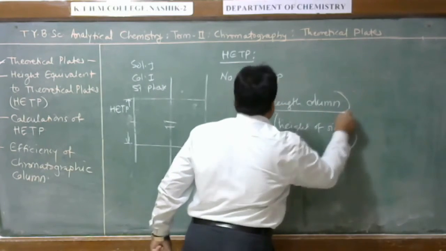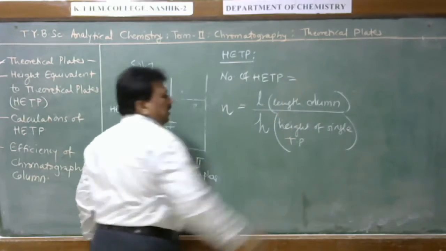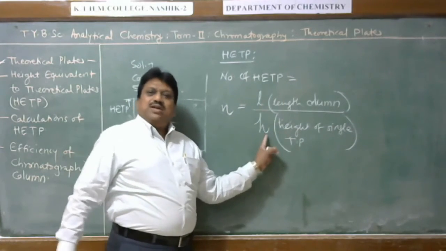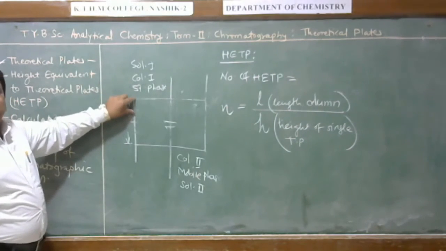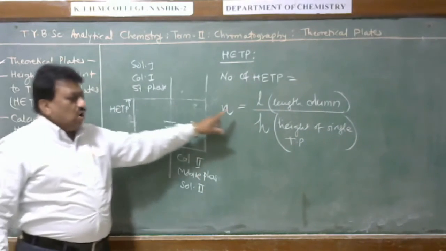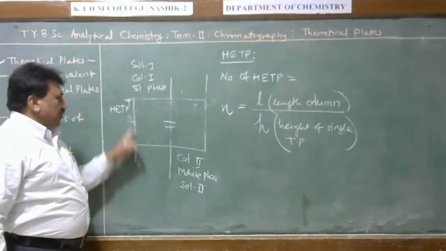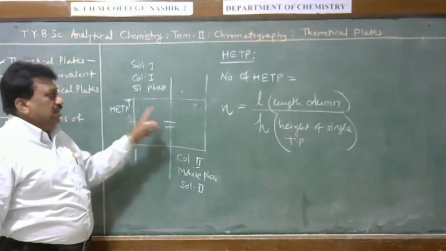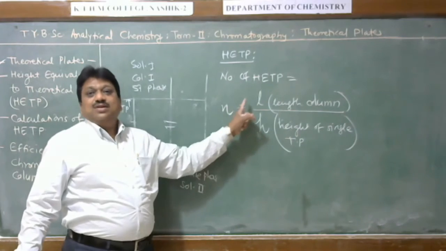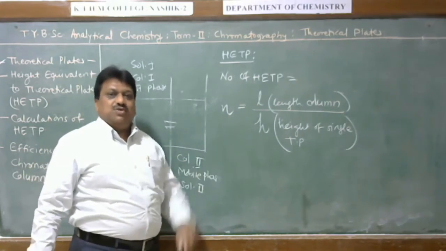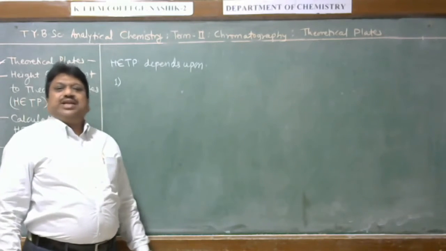Therefore, the number of HTP, that is N, is equal to the length of the column upon the height of a single theoretical plate. If the theoretical plate has a smaller height, then that column consists of more number of HTP. If the height of a single theoretical plate is more, then that column consists of less number of HTP or less number of theoretical plates.